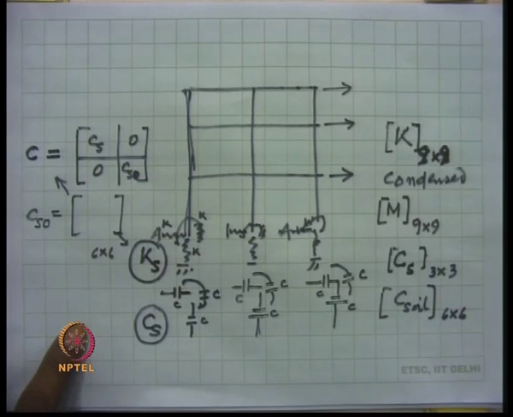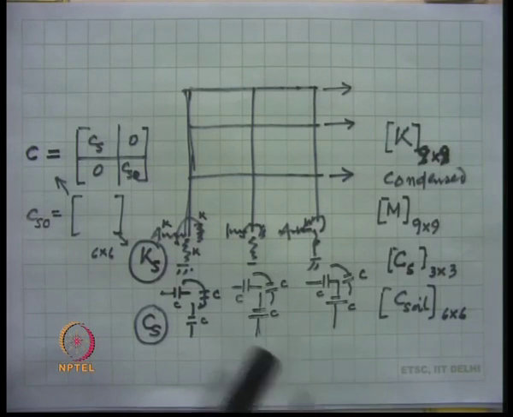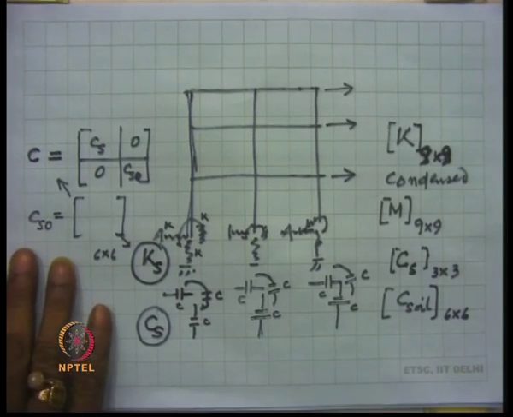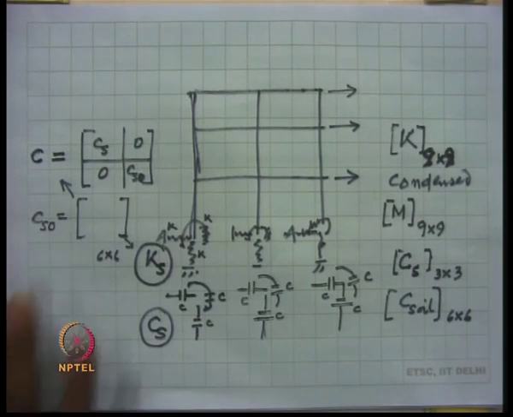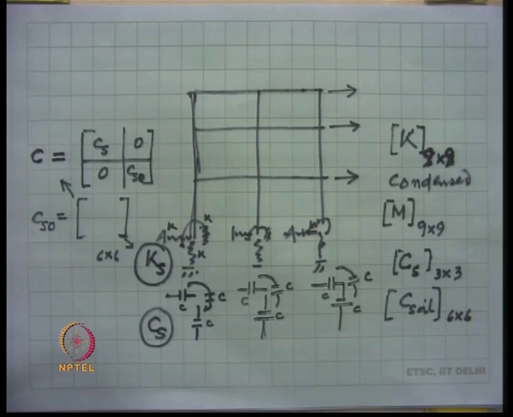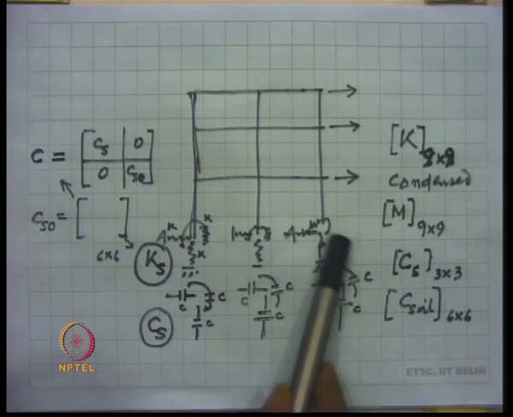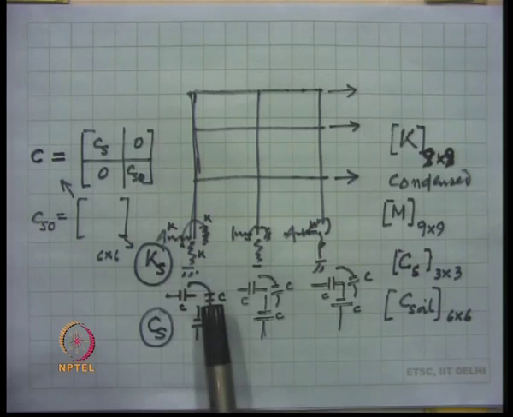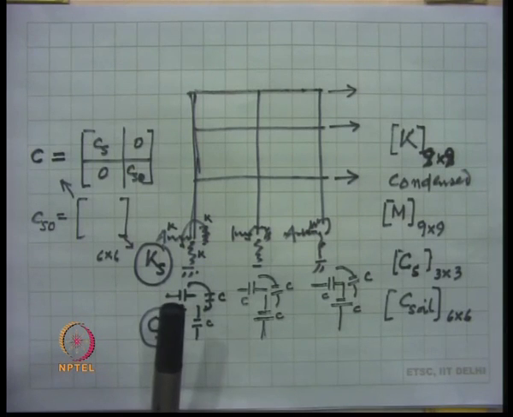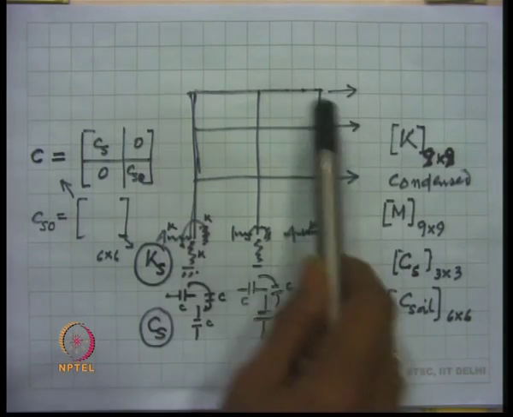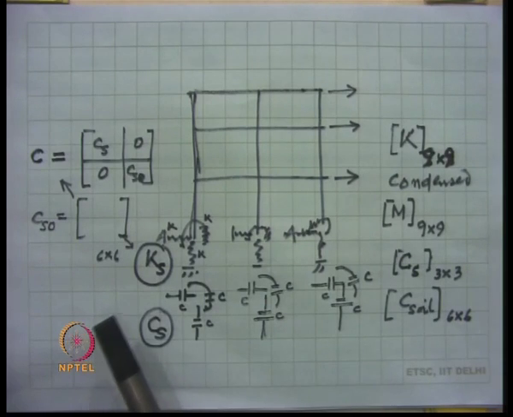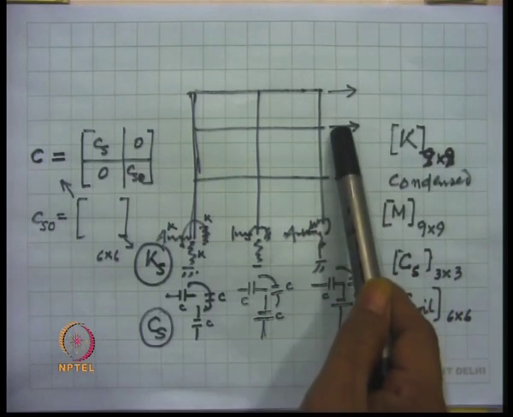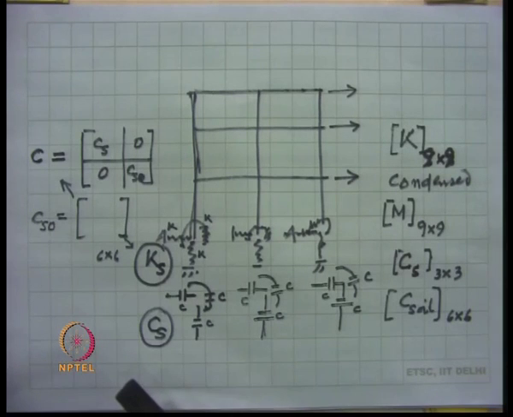Another problem of this type quite often encountered in structural engineering is the problem of soil structure interaction, where the effect of the soil is replaced by springs and dashpots. For example, here is a frame which has got 3 non-support degrees of freedom.